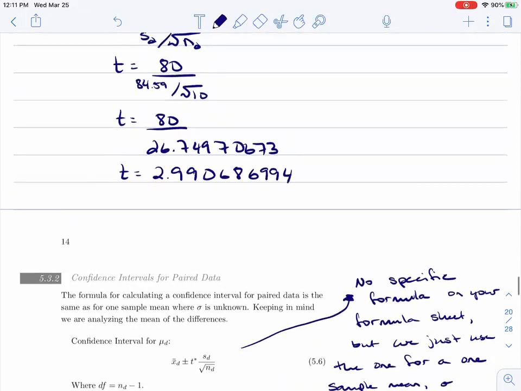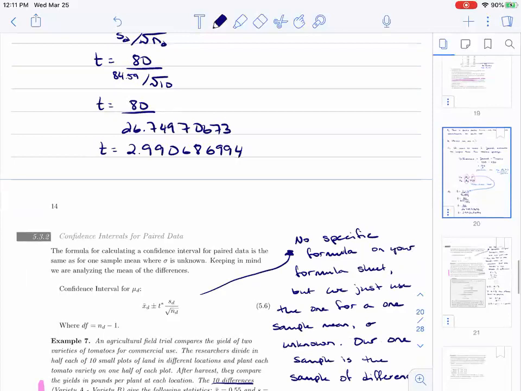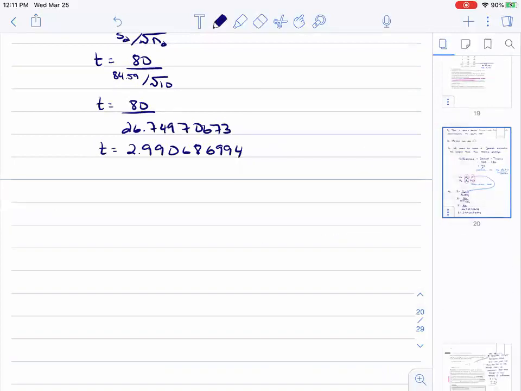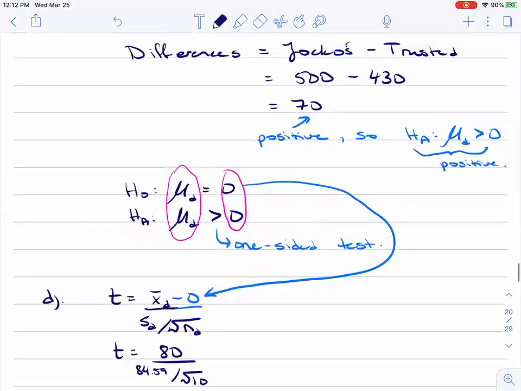With a t that large, I already suspect I'm going to be able to reject the null hypothesis, because it's larger than 2. But we'll just confirm.